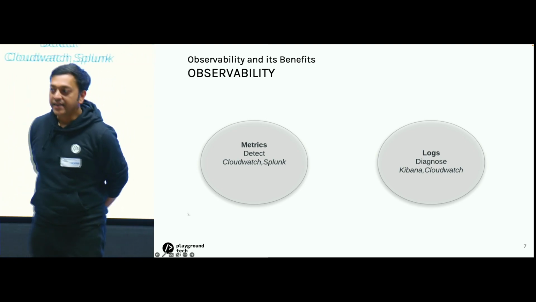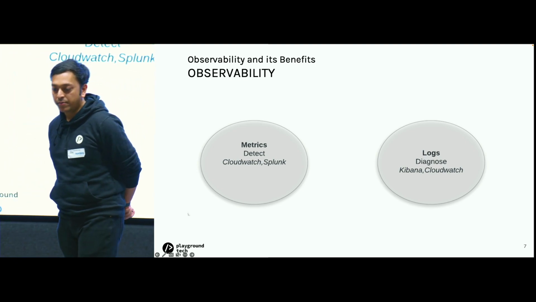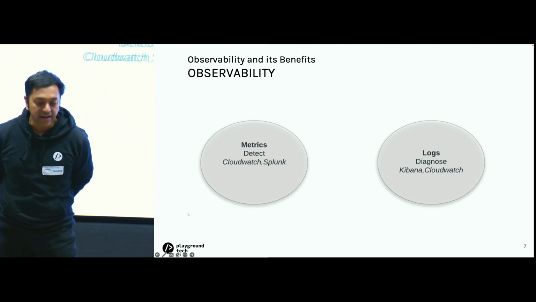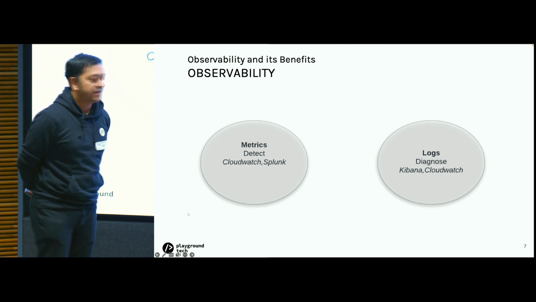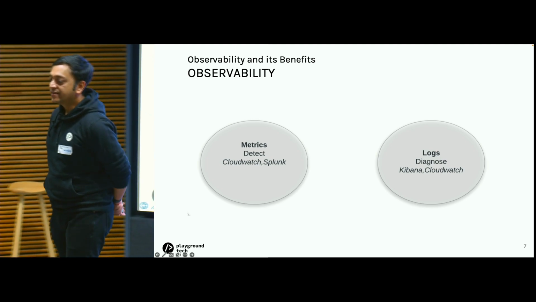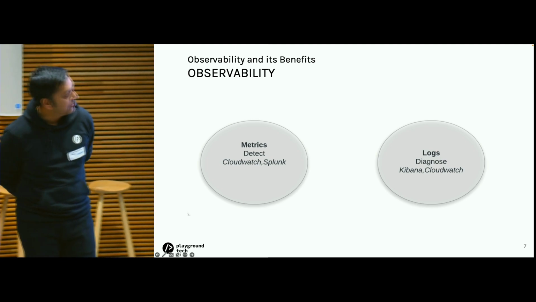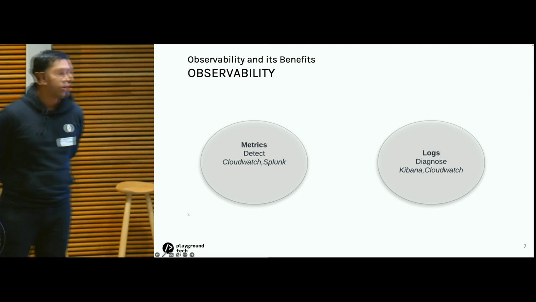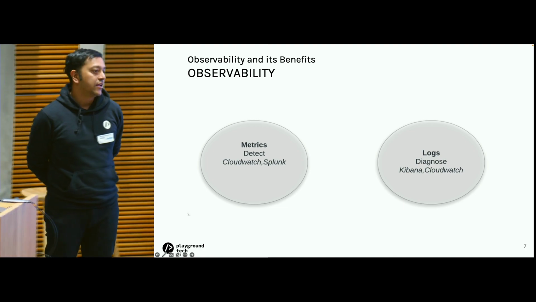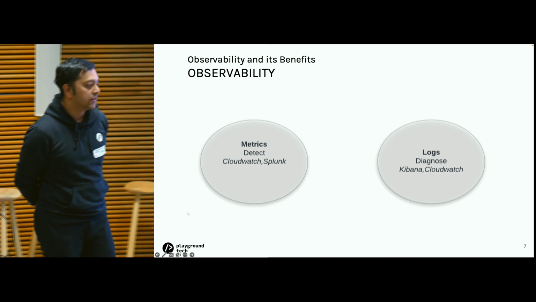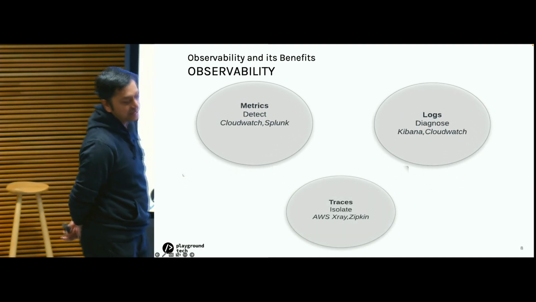It not only helps us diagnose problems, it also helps us find out the implementation of a function or code snippet. SaaS systems like Kibana, CloudWatch, Datadog, and many others in the market help us dive into this signal. The third one is traces.